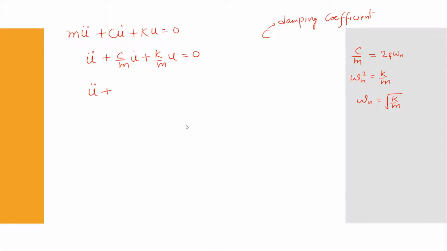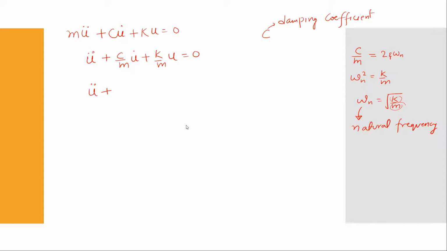Now let us see what omega n is. Omega n is called the natural frequency of the structure or of the single degree of freedom system, because it depends on the stiffness and mass of the system.